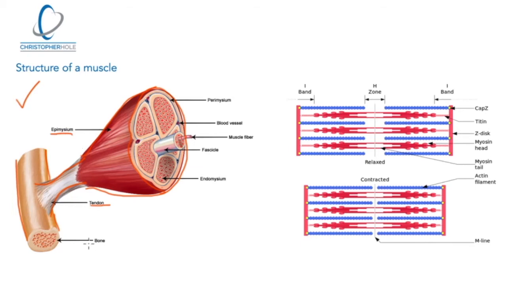What then happens is the entire muscle is made up of bundles. These bundles, which you can see on the screen here and here, for example, are known as a fascicle or fasciculi.